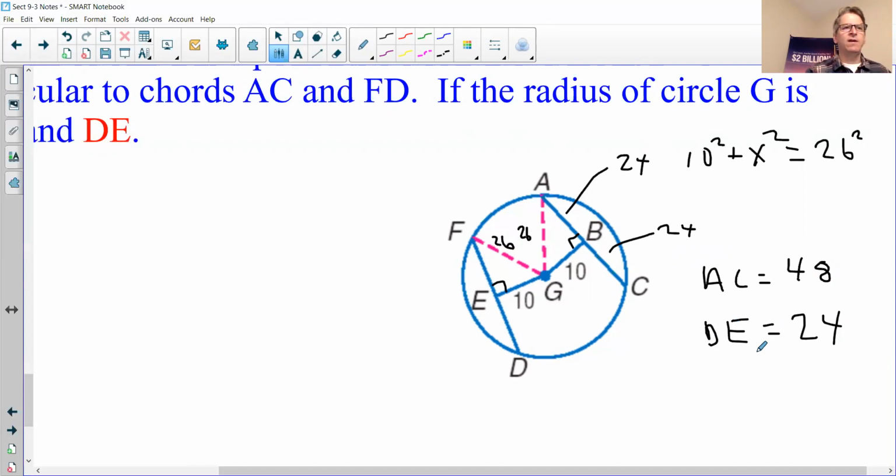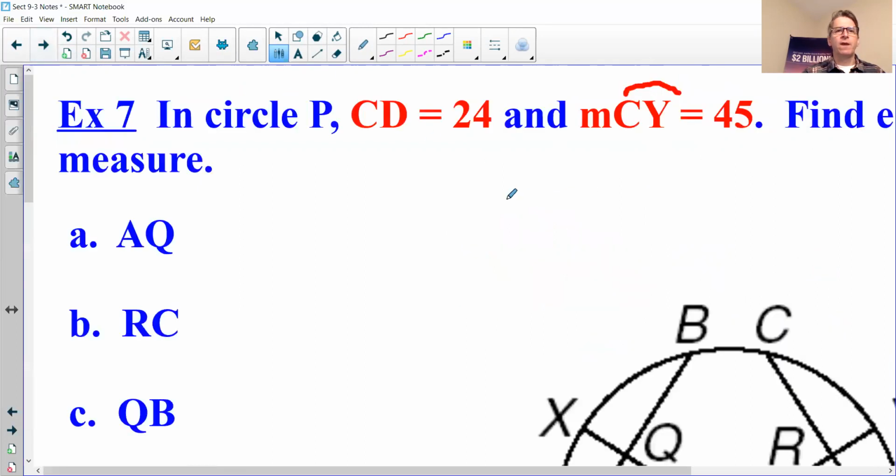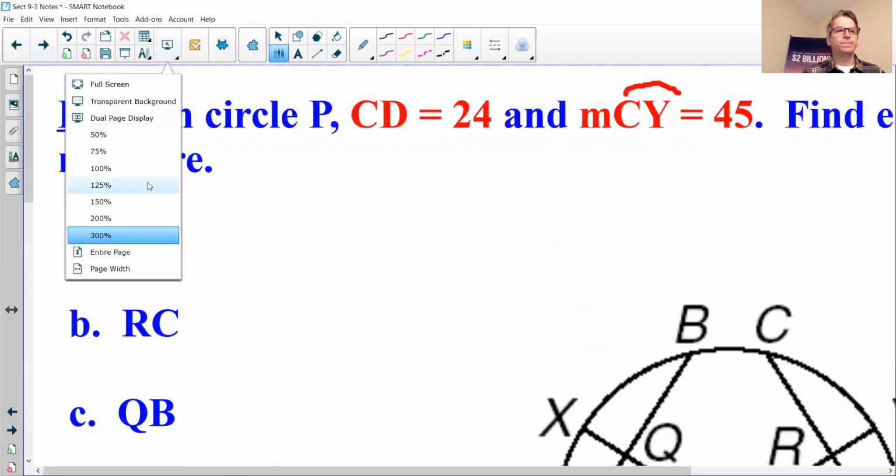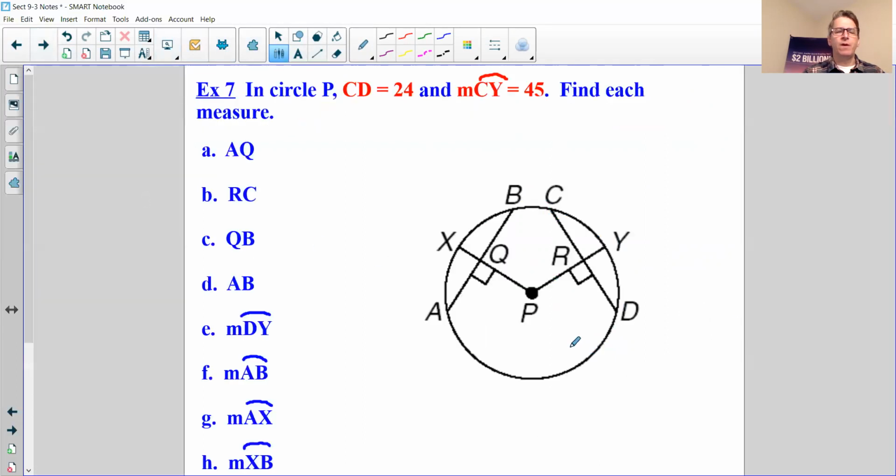Last one today. Let's quickly do this one together. I'm going to back it up. In circle P, CD is 24. So this is 24 going across here, and we see that this is a 90-degree angle.